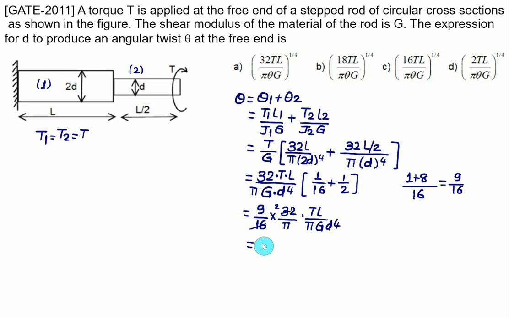So we have 18 times T into L divided by pi into G into d to the power 4, which equals theta. So 18 TL by pi theta G equals d to the power 4. So d we have to find out in terms of theta. So we have 18 times T into L divided by pi into G into theta, and whole power is 1 by 4. That is, choice B is correct.